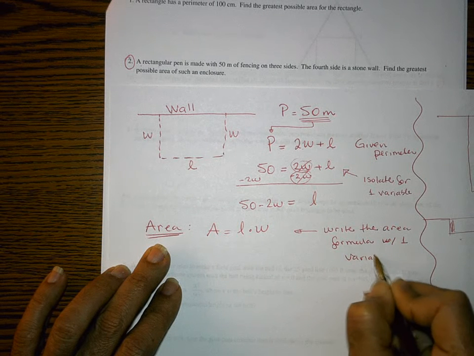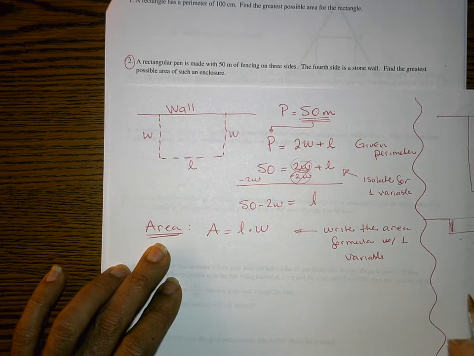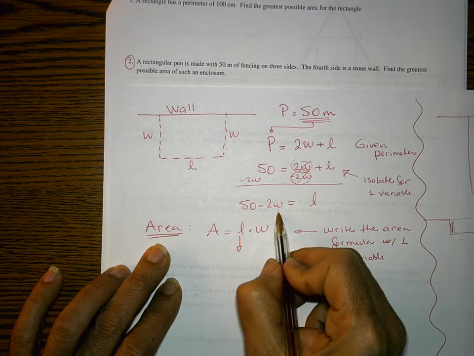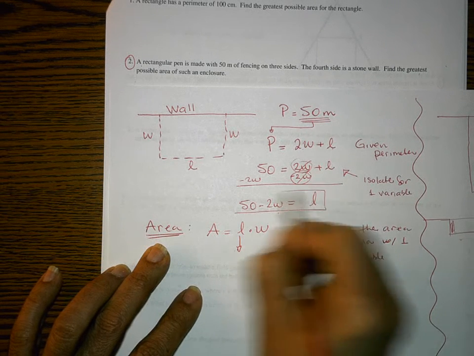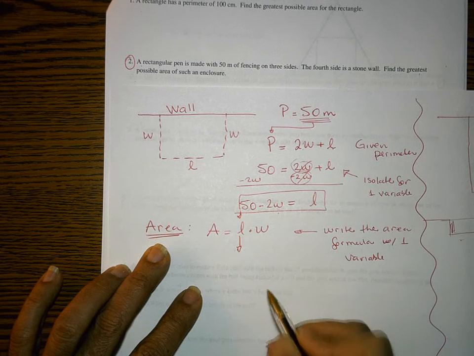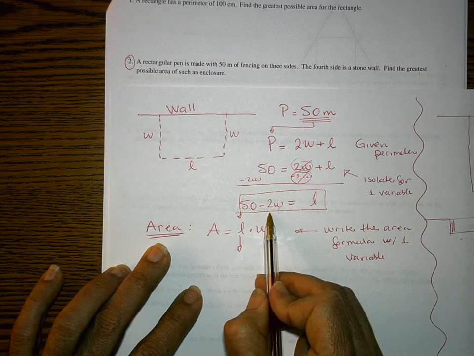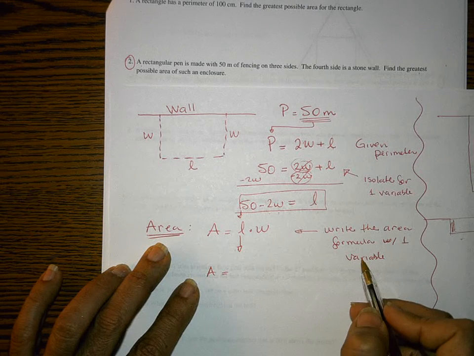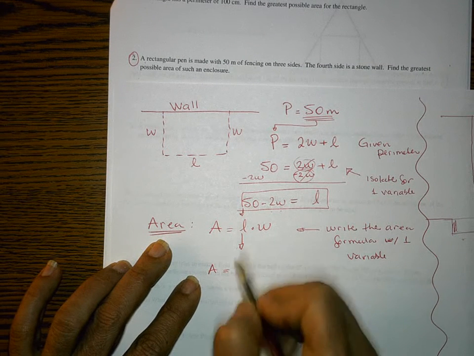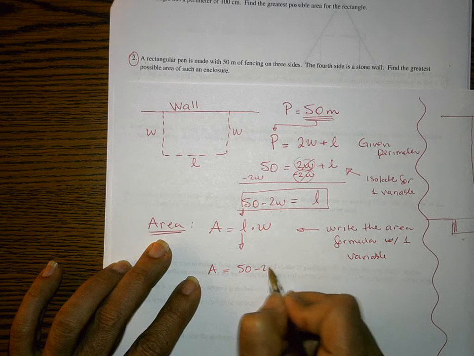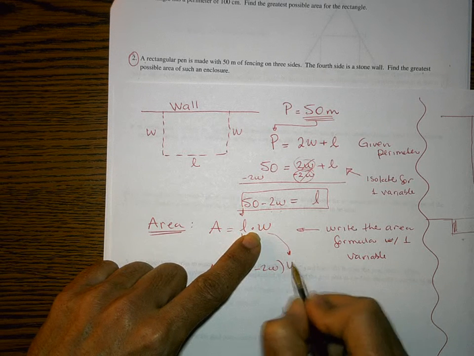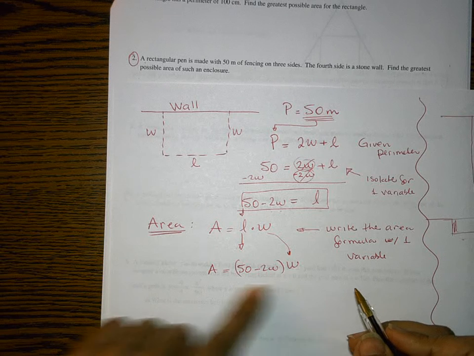I don't want to have to deal with 2 variables. I know that length is in terms of width, so I can replace the length right in here. I'm going to replace the length with 50 minus 2W and keep that W already here. So my area formula is in terms of one variable only.